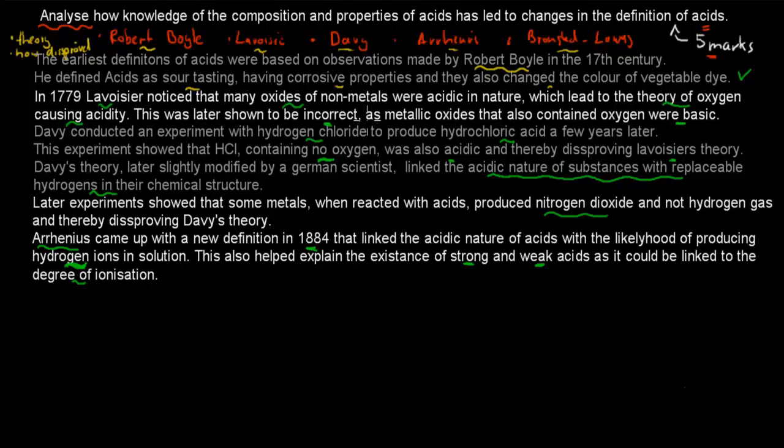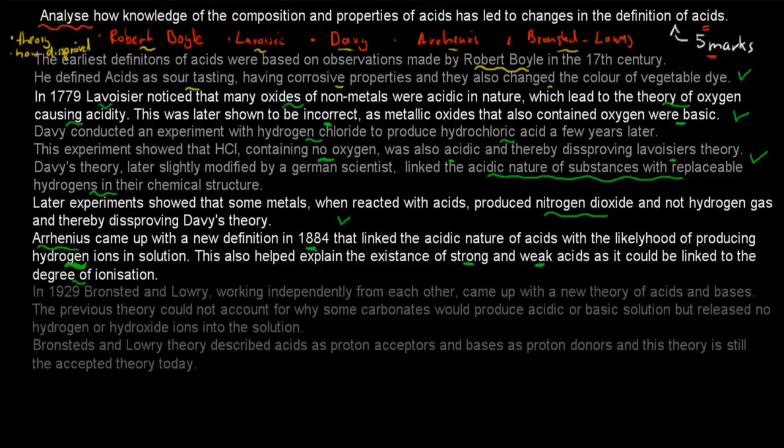So now we've gone from the earliest observations to Arrhenius' theory. We've covered 4 people, which means 4 marks so far: 1 for Robert Boyle, 1 for Lavoisier, 1 for Davy, 1 for Arrhenius, and then last but not least Bronsted and Lowry as well.